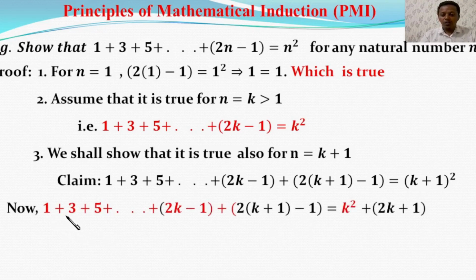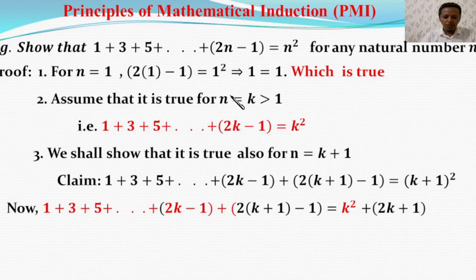Now, 1 plus 3 plus 5 up to 2k minus 1, based on our assumption in the second step, the sum of the first k odd natural numbers is equal to k square. So we replace the sum of the first k odd natural numbers by k square. This is our assumption. And we are going to prove the statement is true for n is equal to k plus 1.